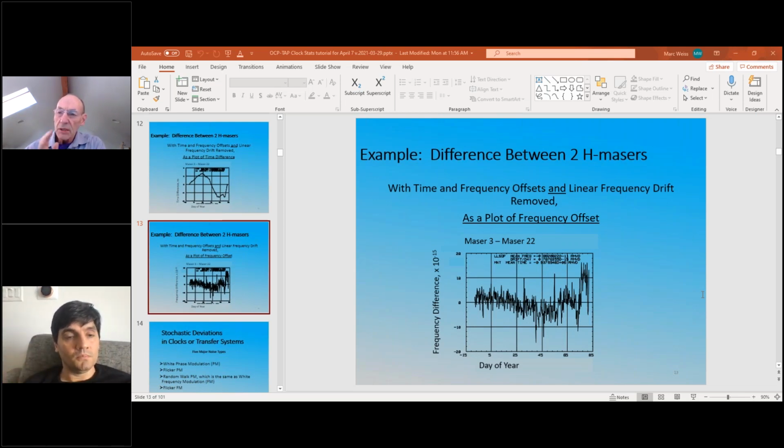So the follower clock gets a signal. The noise on that signal is a combination of the noise on the lead clock and the noise of the transfer system. For the lead clock, you could characterize exactly what of these 5 noise types. It's not just random walk. Is it random walk in phase, random walk in frequency? Is it white noise, flicker noise? You can characterize what are the power levels of the lead clock, and then characterize what are the noise types of the transfer system.